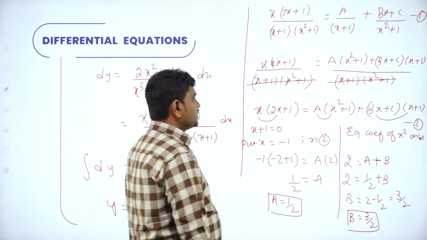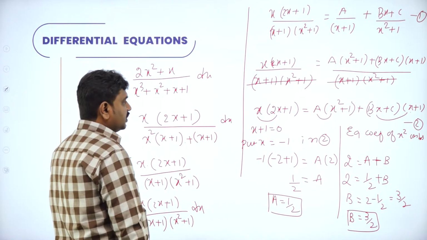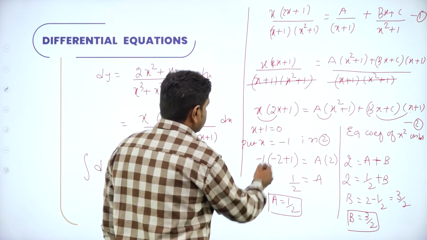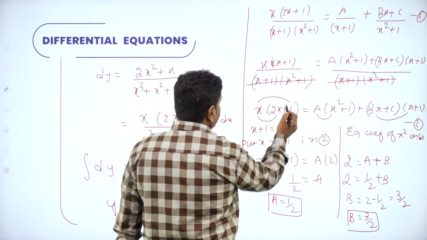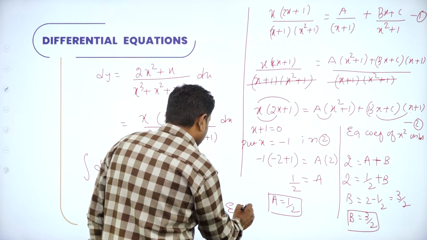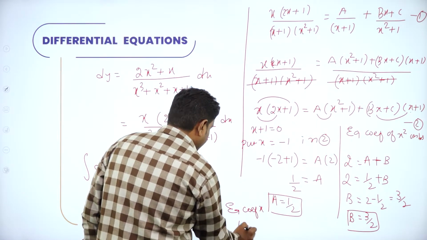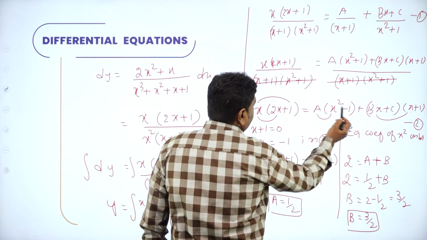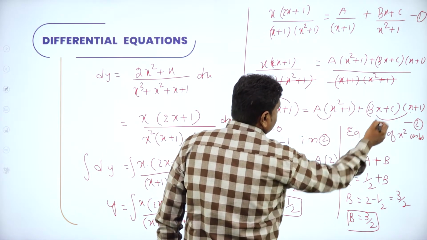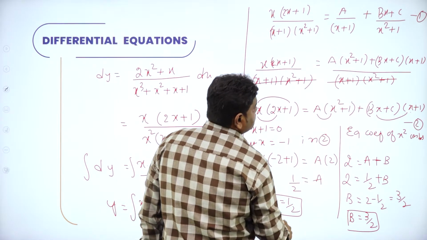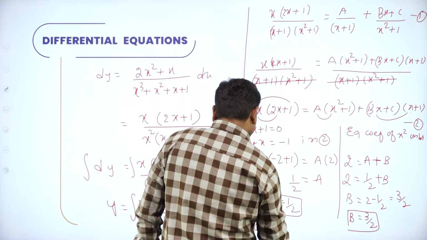Now you need to find c. Equate the coefficient of x on both sides. So x into 1 is 1, equating coefficient of x on both sides. So this will become 1. Here a into 1 we don't get, bx into 1, so b, and c plus b.